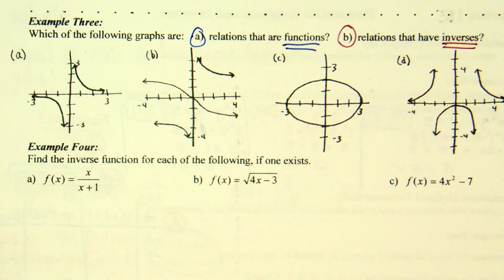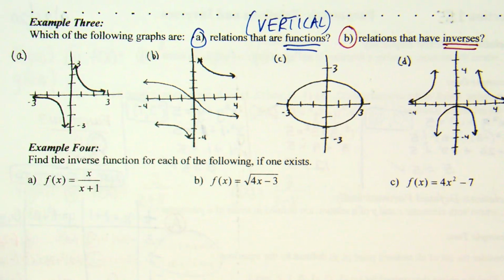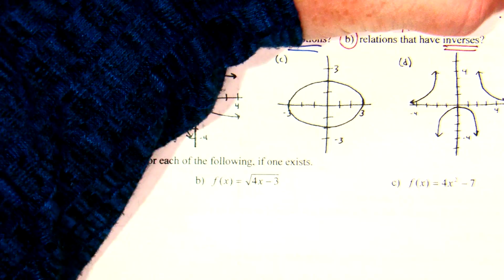With that in mind, how do we know if something's a function? It's going to pass the vertical line test. How do we know if it has an inverse? Horizontal.